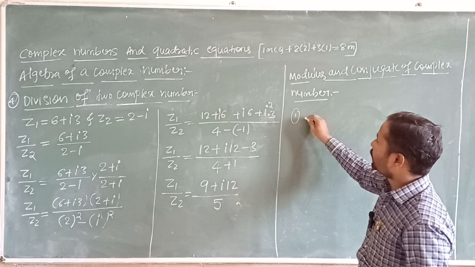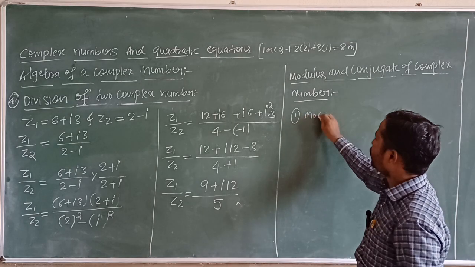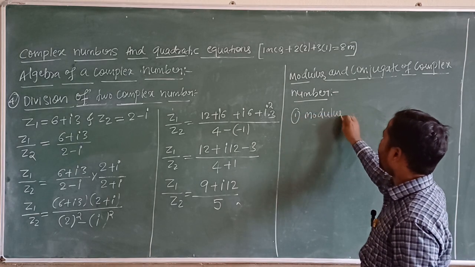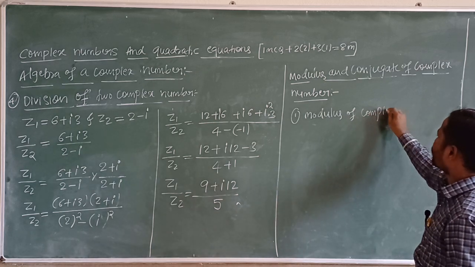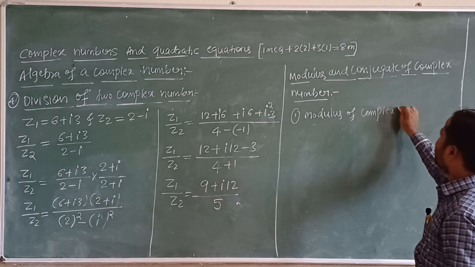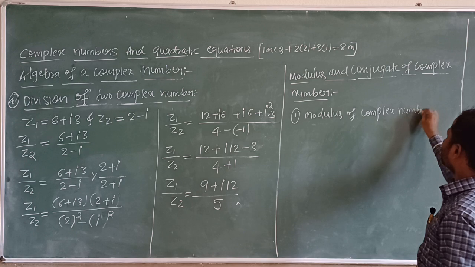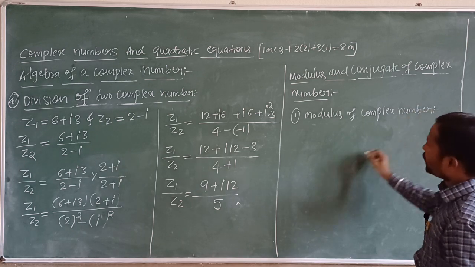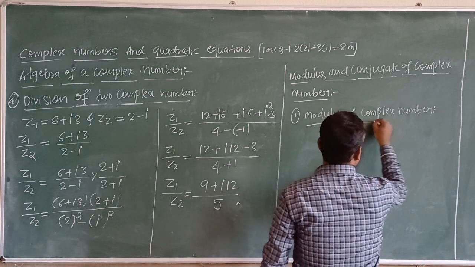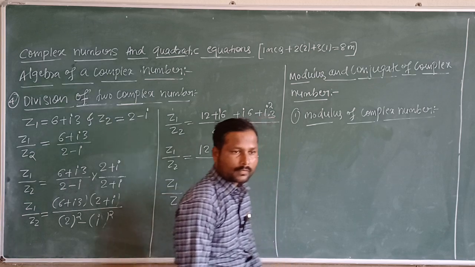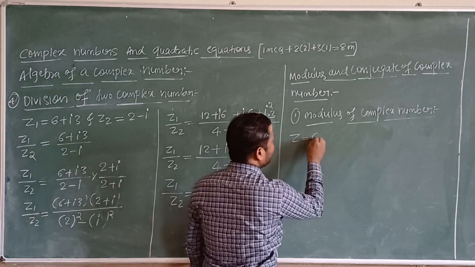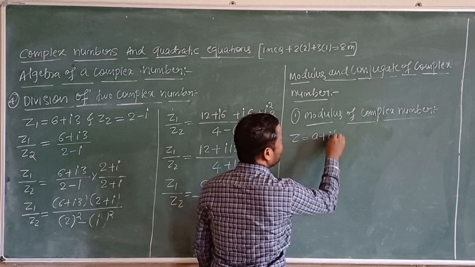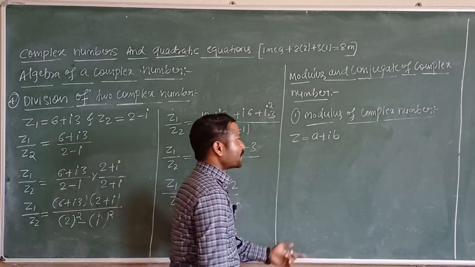Modulus of a complex number. How do we find the modulus of a complex number? Let us take Z equals a plus ib, the given complex number.